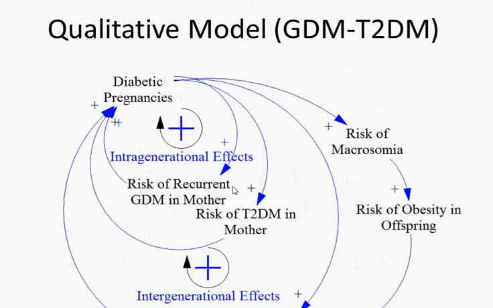So the role played by diabetic pregnancy, both in terms of the risk to the mother, in terms of elevating risk of type 2 diabetes for her, but also in terms of outcomes for the child, for the baby that's born, the risk of macrosomia and obesity in offspring, including metabolic syndrome, and then type 2 diabetes also later in life.